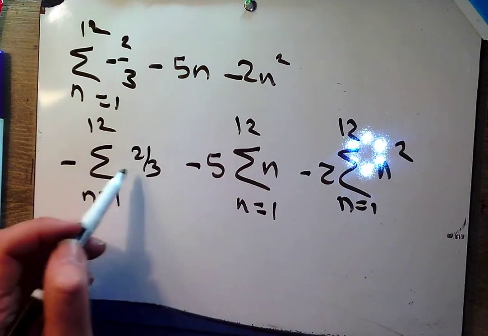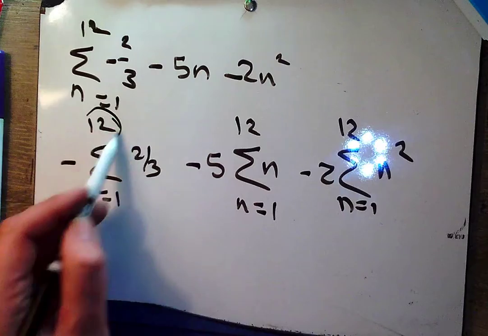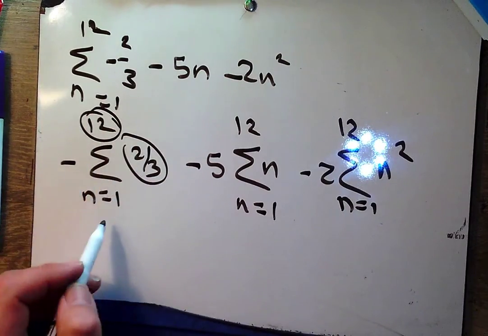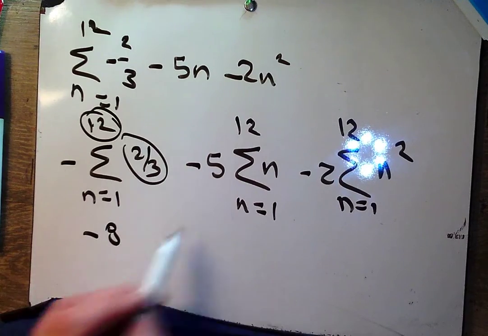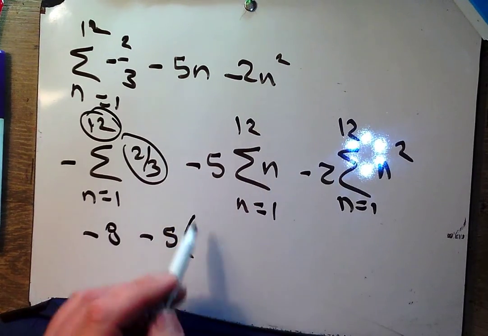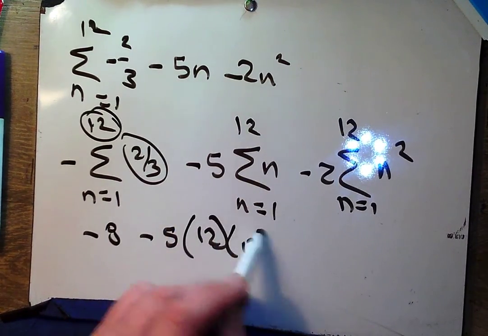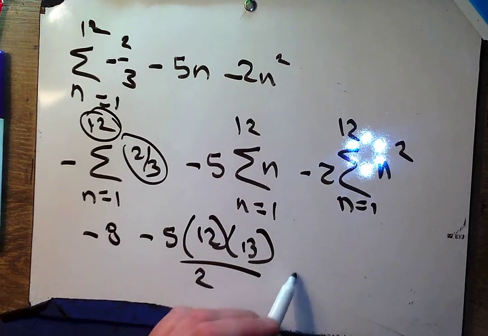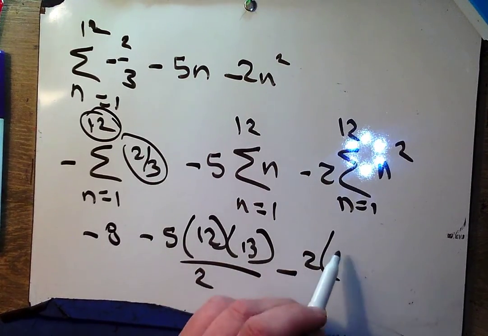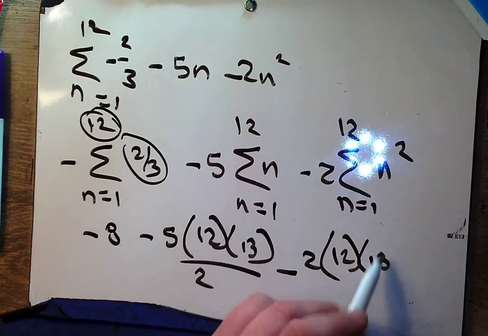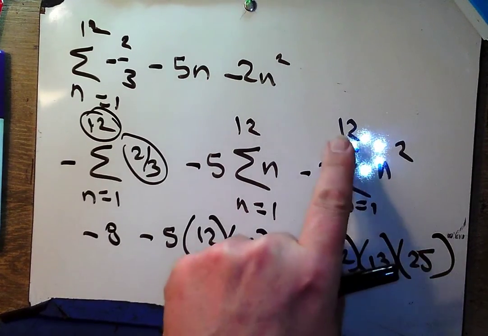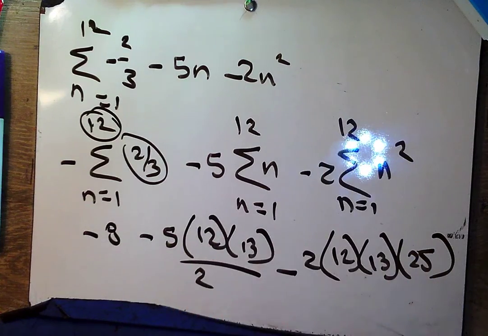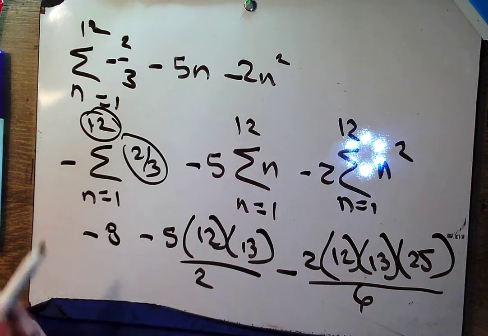Well, remember our shortcut for a constant is simply multiplying n times c. So that's going to be negative 8 minus 5 times 12 times 13 over 2 minus 2 times 12 times 13 times 25, right? Because this is 2n plus 1. 2 times 12 is 24 plus 1, 25 over 6.